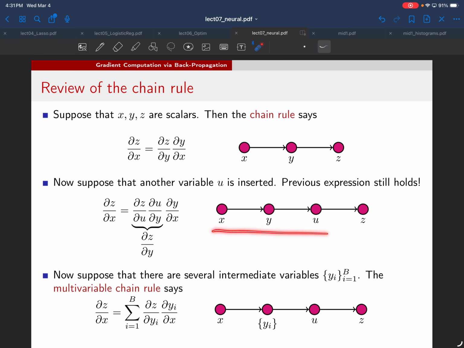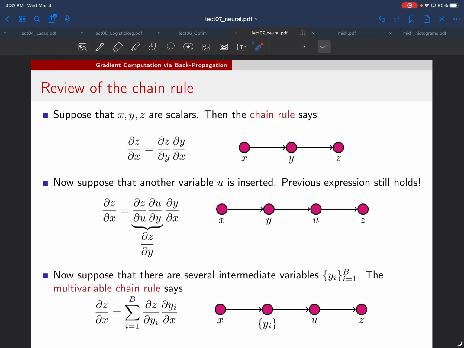So we have essentially the same processing steps, but with this intermediate variable named u in this case. So we can use the same technique. If I want dz/dx, one way to do it is dz/du times du/dy times dy/dx, and I can multiply those things together to get dz/dx.